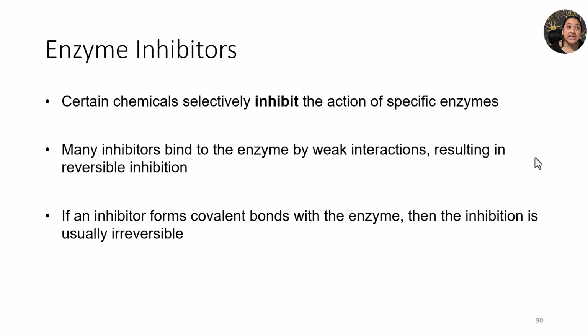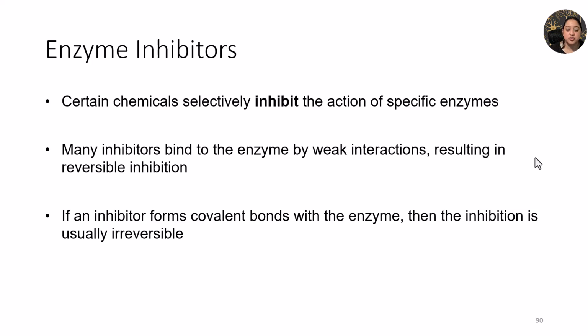And so there are certain chemicals that can selectively inhibit the action of specific enzymes. Many inhibitors will bind to the enzyme by weak interactions, resulting in reversible inhibition, and I'll show you some pictures on the next slide.